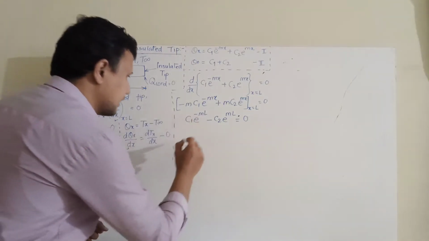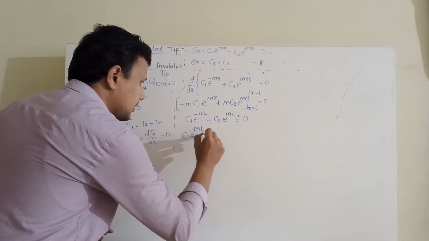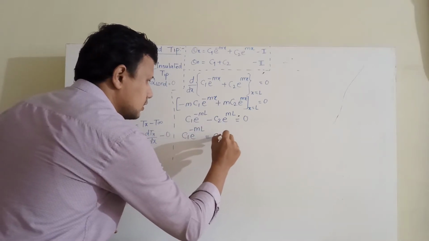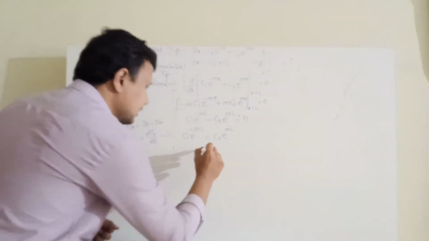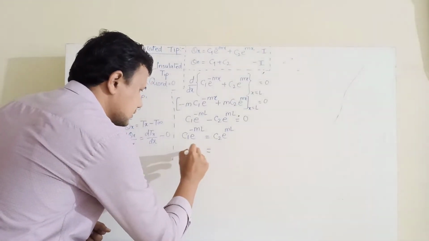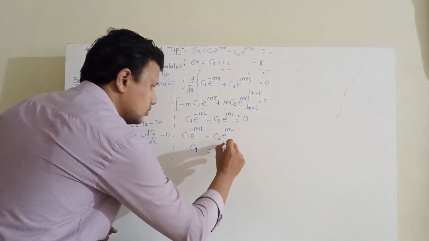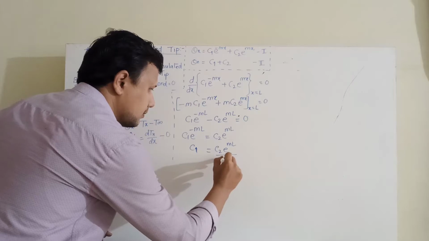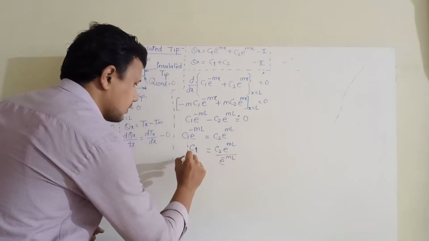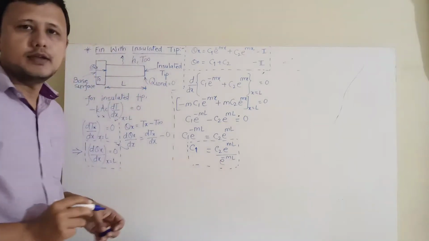So here I can write c1 e raised to minus ml is equal to c2 e raised to ml, and ultimately I can write c1 is equal to c2 into e raised to ml divided by e raised to minus ml. So this is one value of c1 that can be useful.